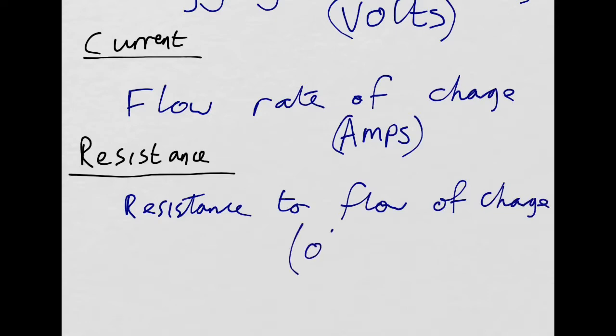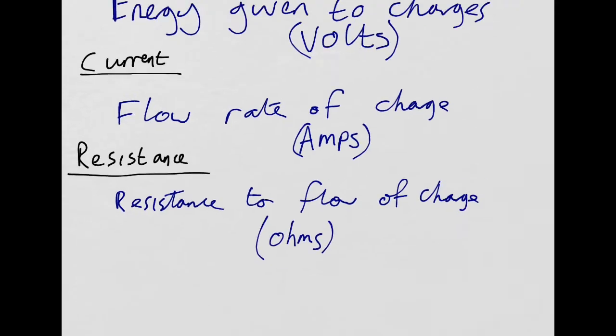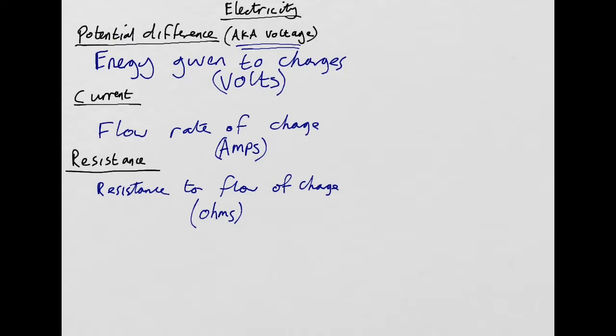And this is measured in ohms. So there's a device that we can use to reduce the current in a circuit without affecting the potential difference. That device is called a resistor. Every device that you connect in a circuit has a certain amount of resistance, and that's just used to reduce the flow of charge around the circuit.